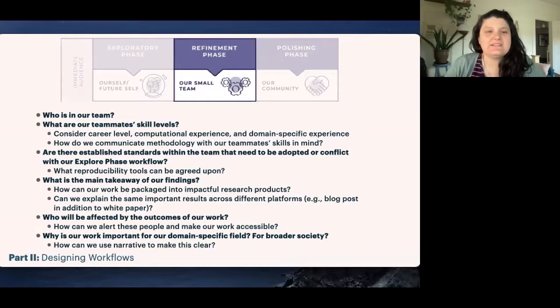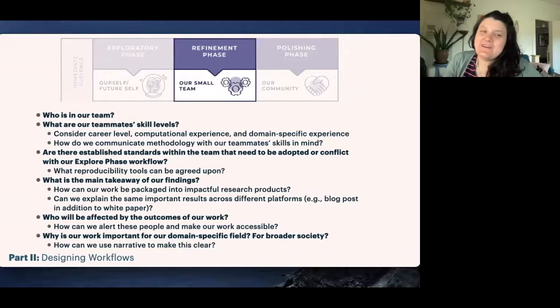What are your teammates' skill levels? Are there established standards within the team that need to be adopted or conflict with your exploratory phase? What tools can be agreed upon? What are the main takeaways of our findings?